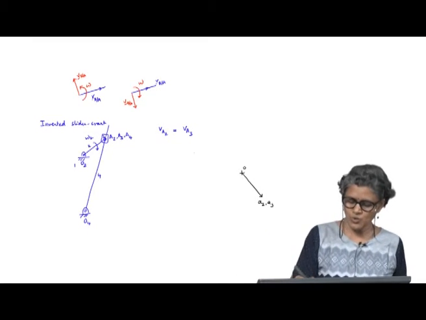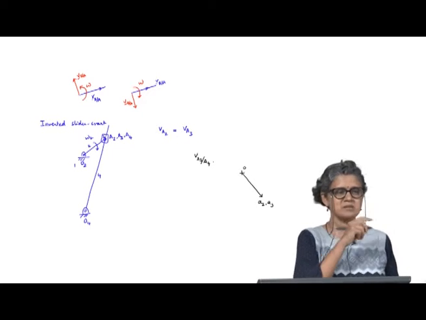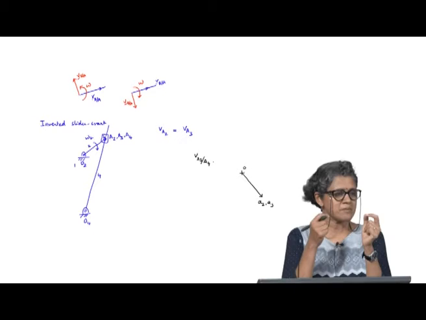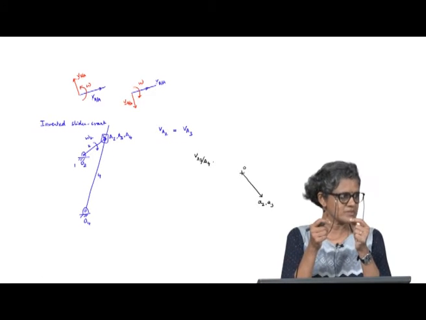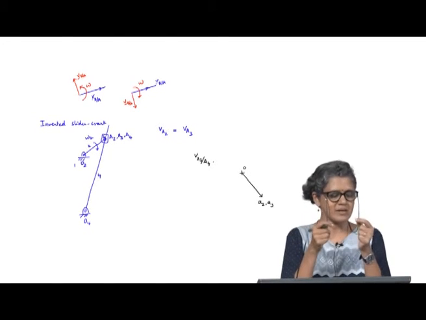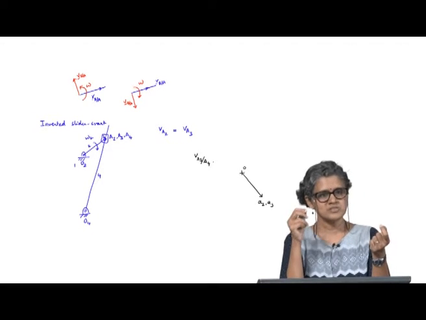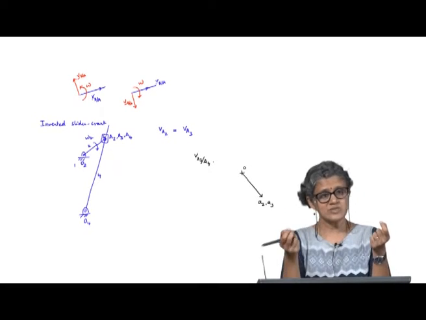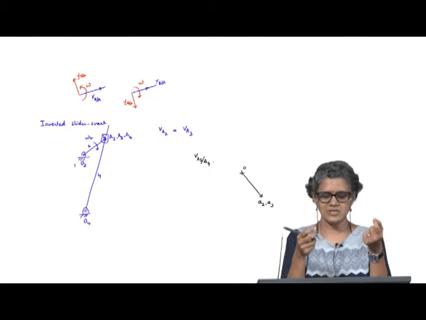Okay. So, I can write, I know the direction of this. Remember, we have to know something about the other point that we take in order to relate two velocities, right. So, I need to know something. In the case of the 4 bar, I picked B, which was coincident with a body that was rotating about a fixed pivot, so that I would know the direction of that velocity.